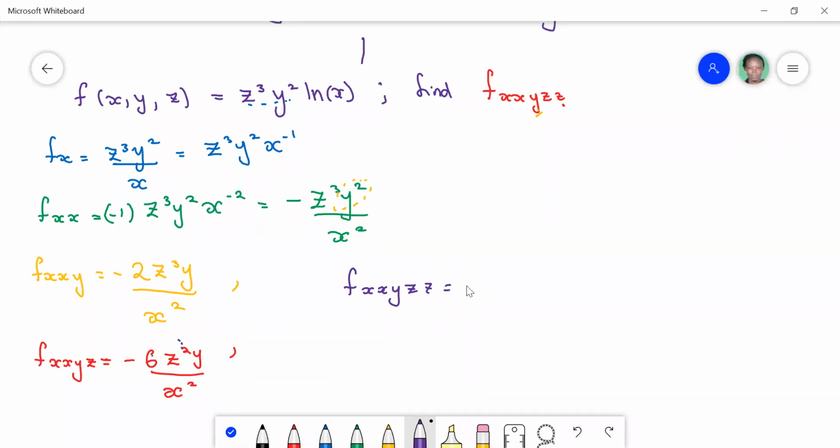This times that, which is -12zy divided by x². So you realize that it's all about what? Differentiation, in which you have to get it right. So I'll pause here. If you have questions, kindly raise your hands.